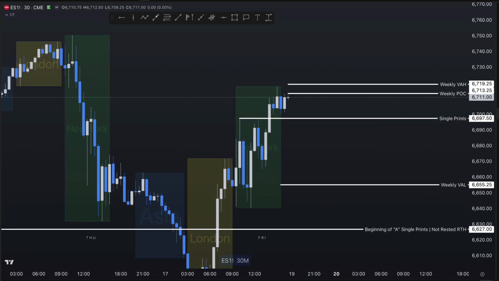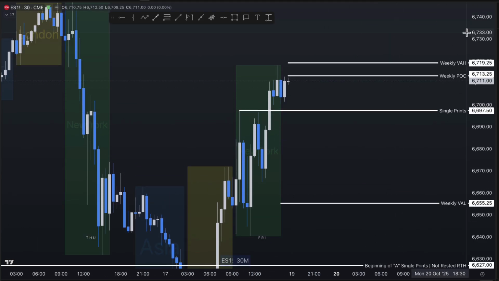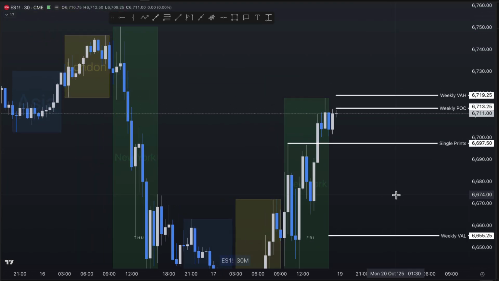Yep. So, in today's Zoom coaching with a member, we talked about single prints, and I said one of the easiest ways to identify single prints is it's a 30-minute fair value gap that no other candle touched. So this is the single prints here. You can draw this all the way through the whole day, the whole RTH session.